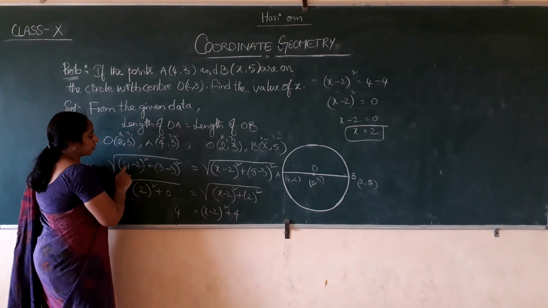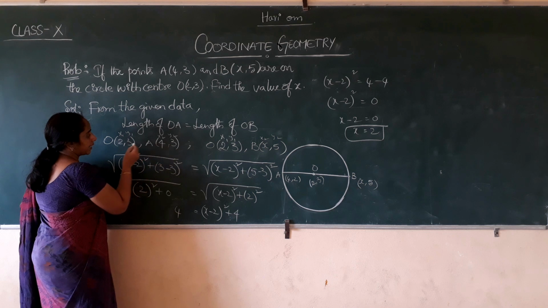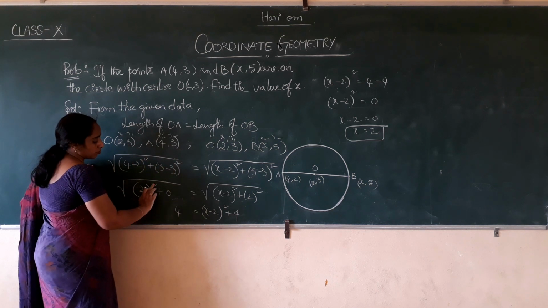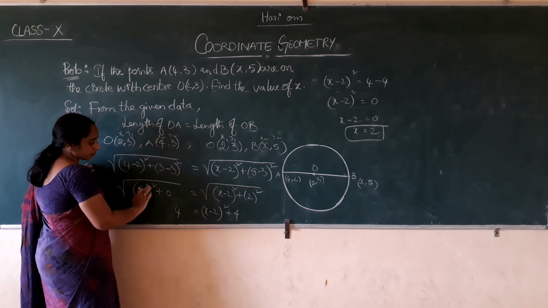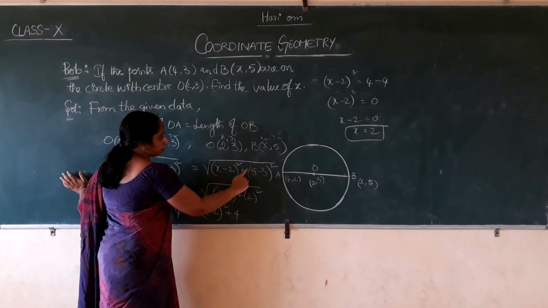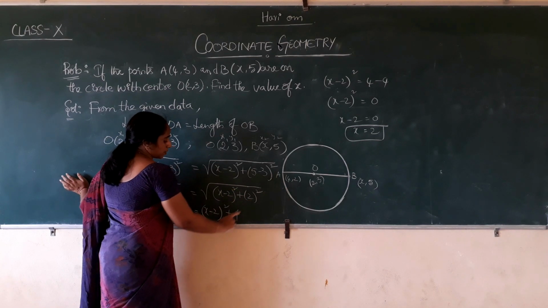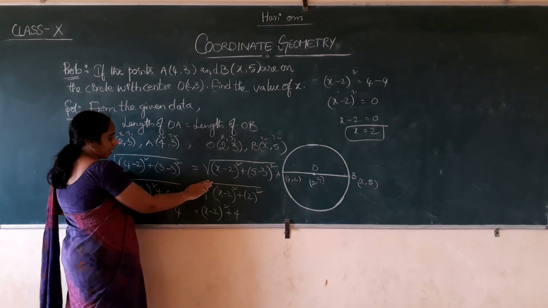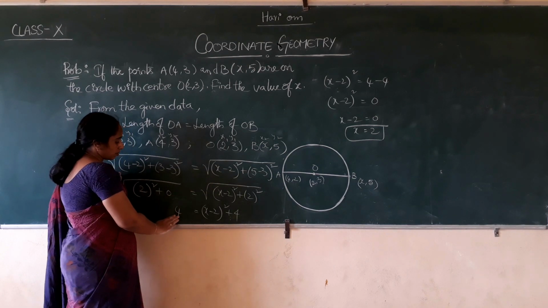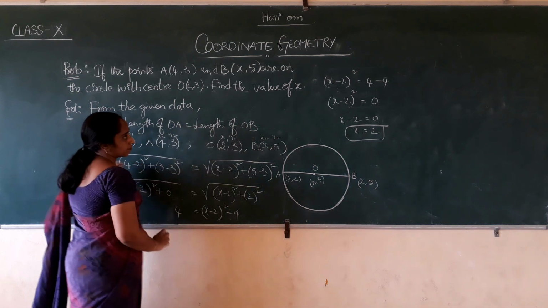Now length of OA is x2 minus x1 whole square plus y2 minus y1 whole square: 2 square plus 0, 2 square is 4. And here it is x minus 2 whole square plus 5 minus 3 whole square, x minus 2 whole square plus 4. On both sides we have square root, so that we can easily remove. So 4 is equal to x minus 2 whole square plus 4.